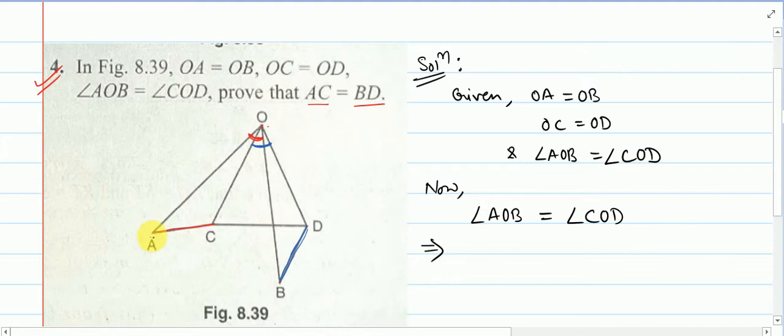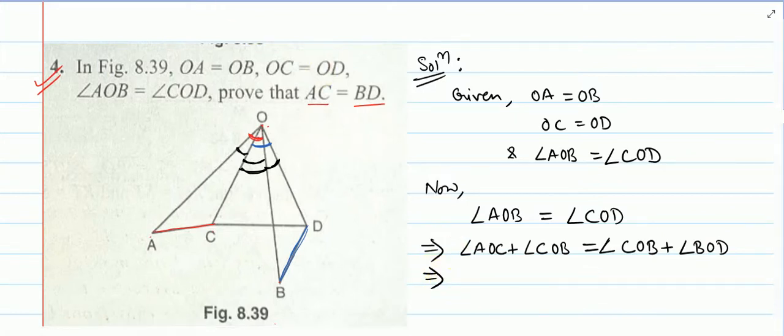Angle AOB can be written as the sum of this angle and this angle, so I can write angle AOC plus angle COB, and angle COD can be written as the sum of this and this, so angle COB plus angle BOD.